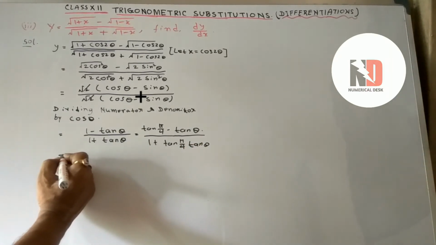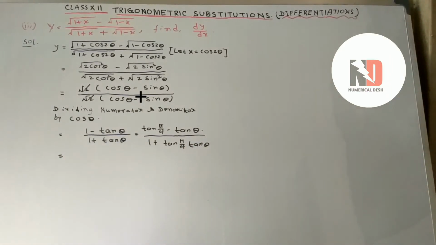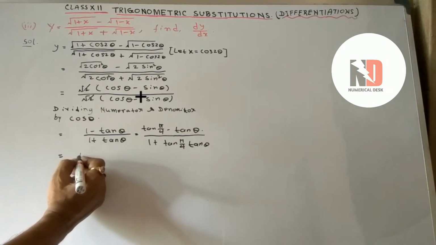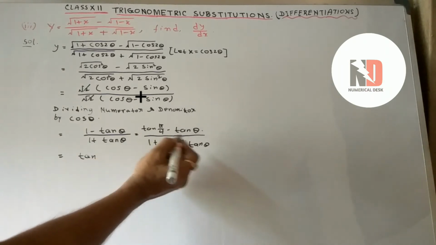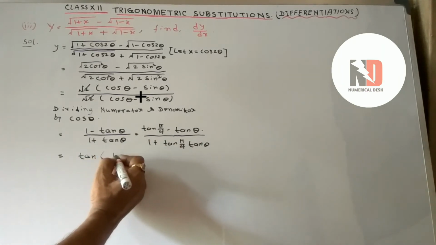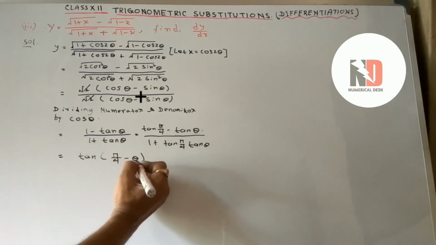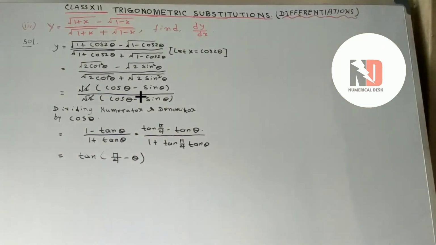This is in the format of tan a minus b, so it is tan of pi by 4 minus theta. So I think you have guessed the sum.